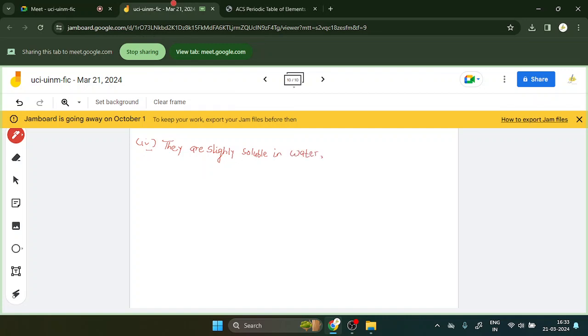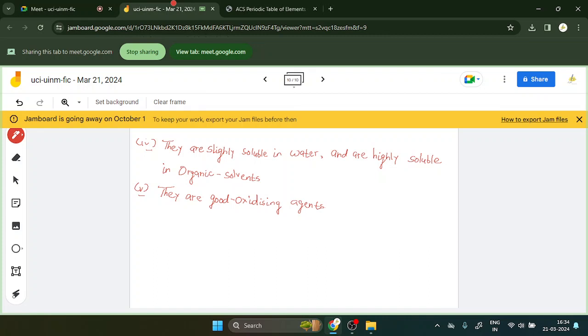But they are highly soluble in organic solvents. They are good oxidizing agents. Clear?